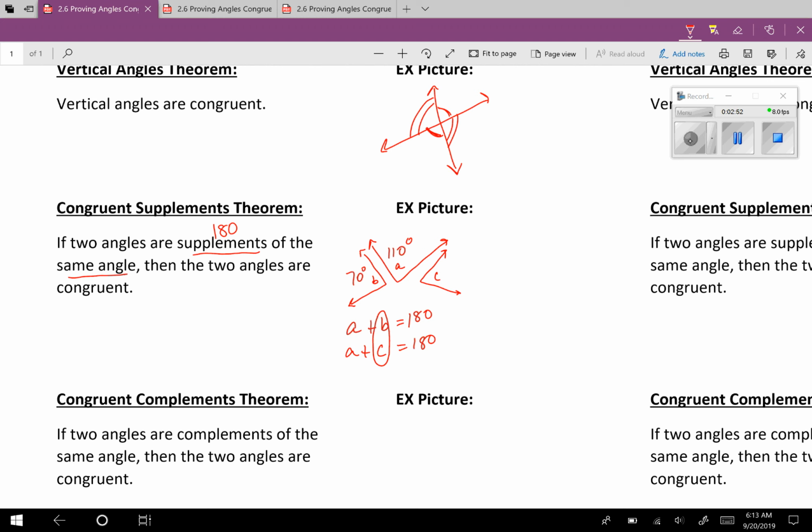Since both B and C are supplementary to A, then B and C have to be equal. That's what the congruent supplements theorem is saying.